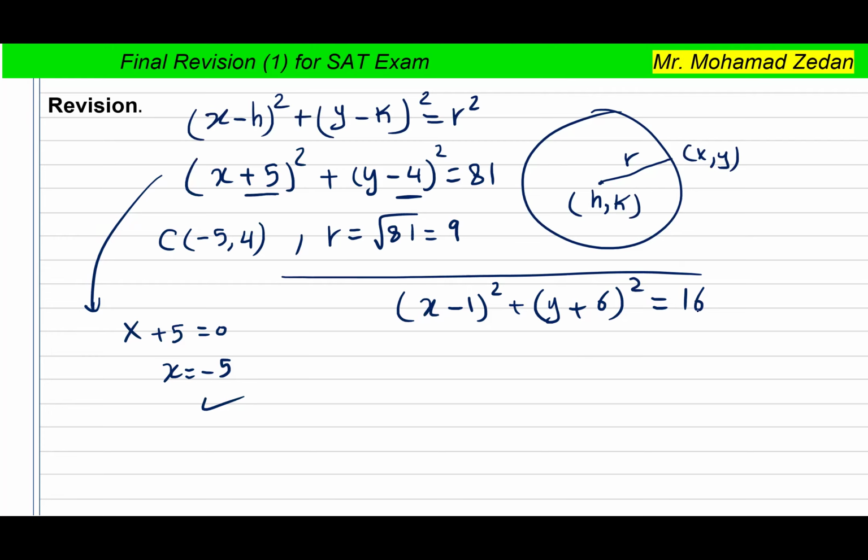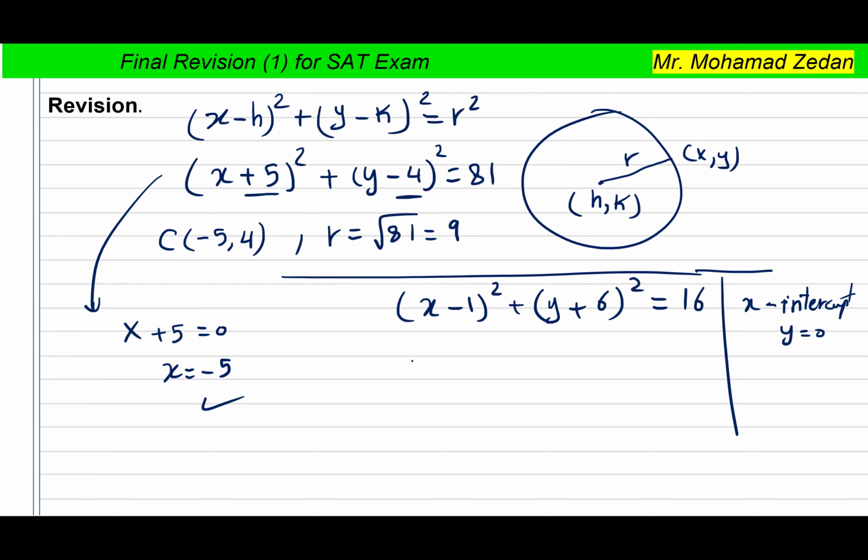How can you find the x-intercept of this equation? How many points of intersection does this equation have with the x-axis? When I ask you to find the x-intercept of any circle, of any function in general, the x-intercept exists or occurs when y is equal to 0.